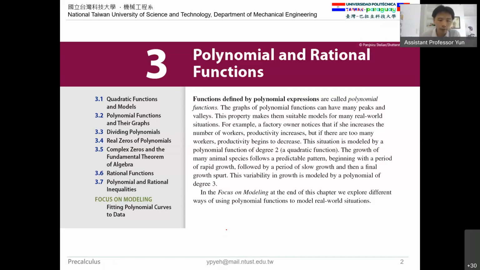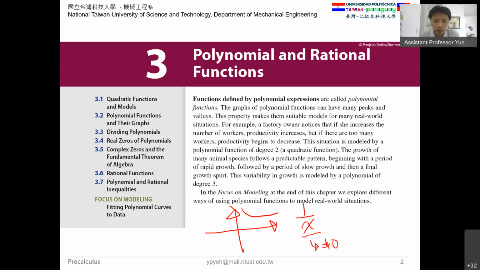For example, if we approach this rational function, if you still remember from last week, x is in the denominator, which cannot be equal to 0, right?